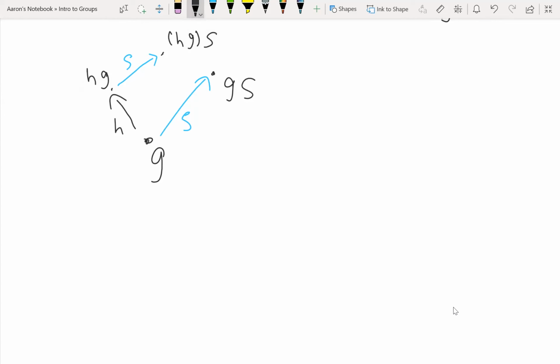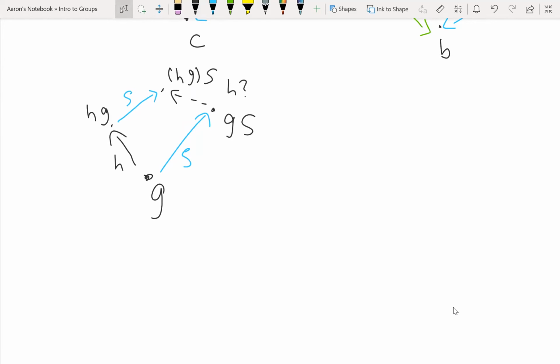So all we want is to say, does this arrow happen by H? Is that the translation? Well, of course it is, because in a group we stipulate that (HG)F equals H(GF).